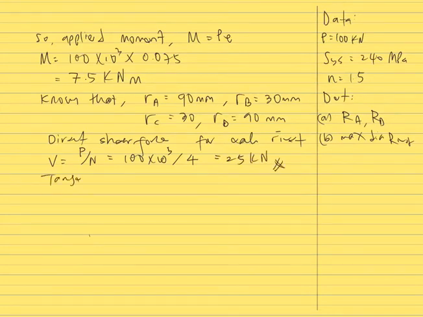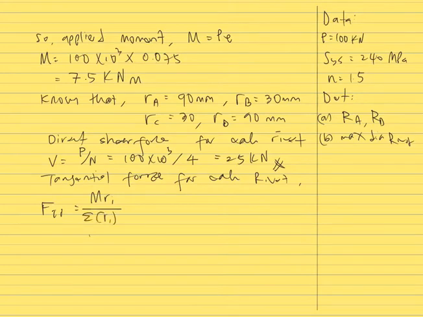Next, the tangential force for any rivet is equal to the moment times the radius between the rivet and the centroid, divided by the summation of radius squared for all rivets. So the tangential force for rivet A, FTA, is equal to moment times RA divided by RA squared plus RB squared plus RC squared plus RD squared.